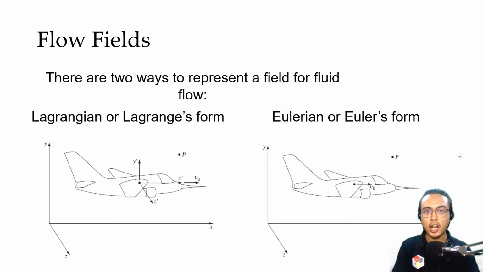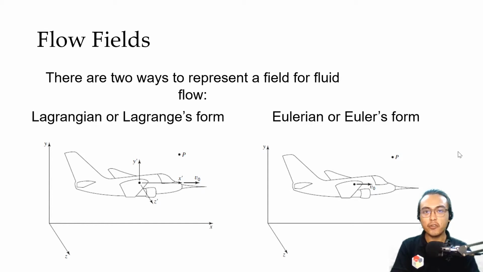Now, before we dive into some hardcore mathematics, let's first discuss flow fields because we basically have two ways on how we can represent the flow of a fluid. We have the Lagrangian or Lagrange's form, and we also have the Eulerian or Euler's form. The main difference between these two flow fields is simply where the observer is located.